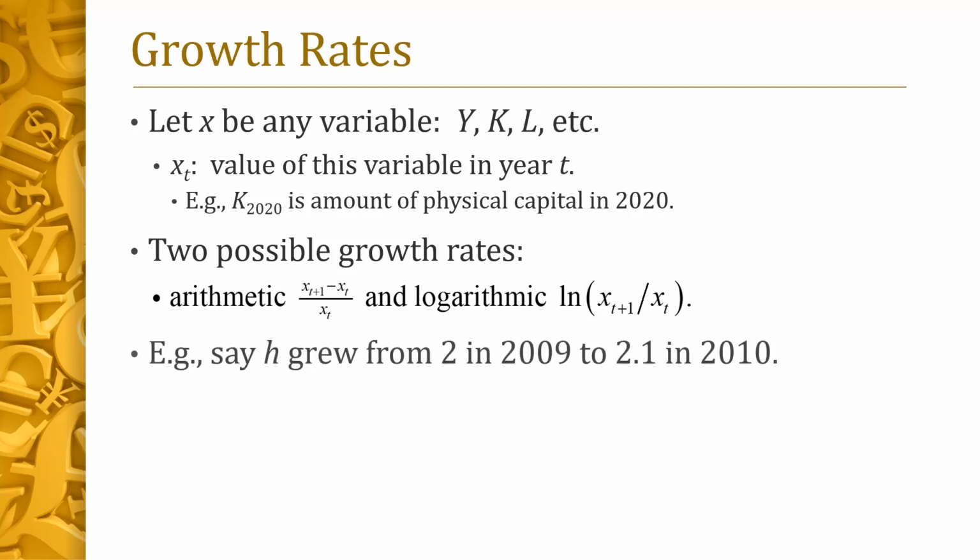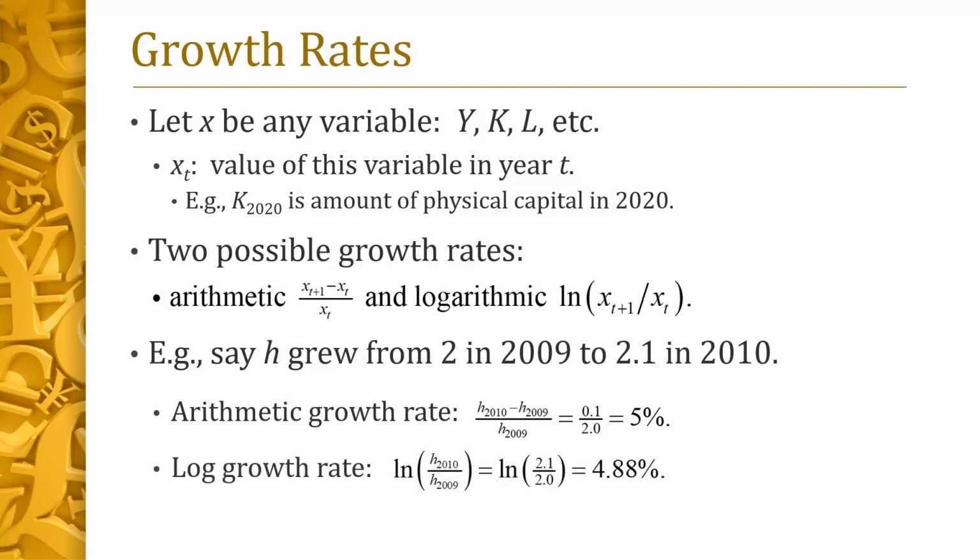For instance, suppose that human capital H grew from 2 in 2009 to 2.1 in 2010. The arithmetic growth rate is just the net percentage increase, which is 5%. The log growth rate is the natural logarithm of the gross percentage increase, which turns out to be 4.88%.